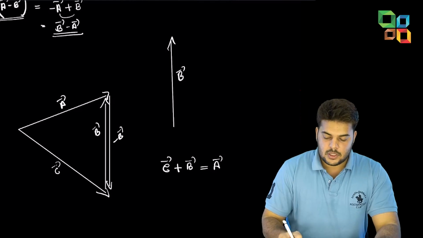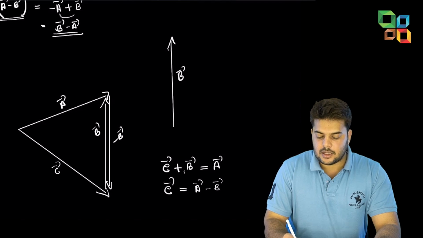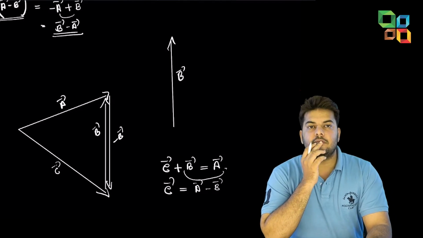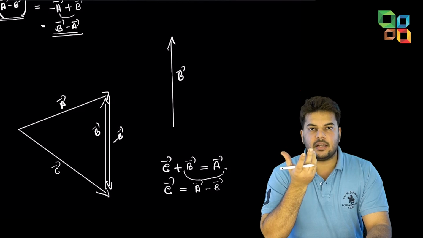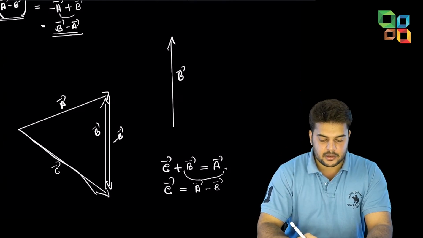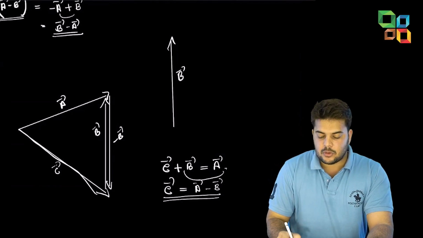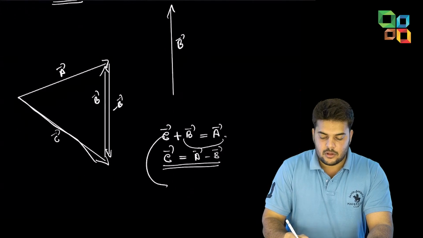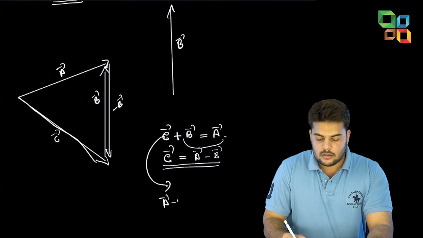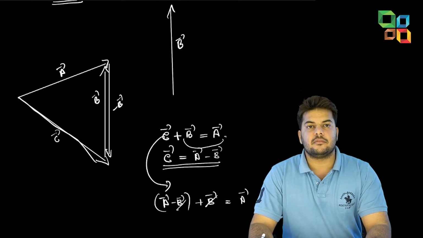Look at that. So C vector has to be equal to A minus B vector, isn't it? You can take it to the other side, right? I told you I do not know what the C vector is, but the C vector has the property that when I add that to the B vector, I get the A vector, right? So C vector has to be equal to A minus B. See, look at that equation again. A minus B plus B is equal to A, isn't it? Because B and B would get cancelled there, right?